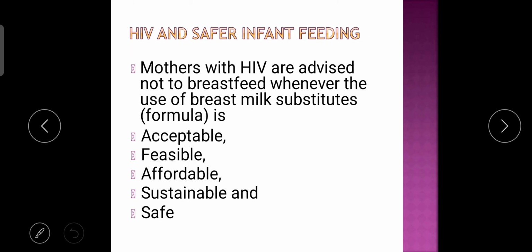Next is HIV and safer infant feeding. Mothers with HIV are advised not to breastfeed whenever the use of breast milk substitute formula is acceptable, feasible, affordable, sustainable and safe. Unless it is necessary, they can go for formula feeding.